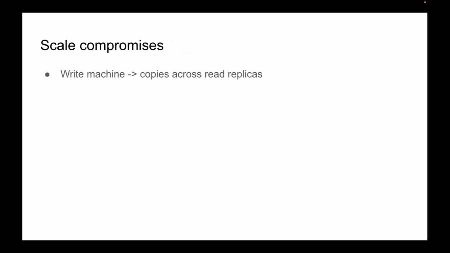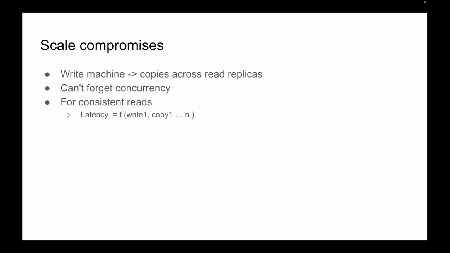So this is a compromise, obviously, right? This compromise is important because we can't forget concurrency, and concurrency comes into play when you have to scale writes, correct? For consistent reads, let's say I have to make my reads consistent, as seen in the last example, the latency will now become a function of all the copying that I have to do, correct?